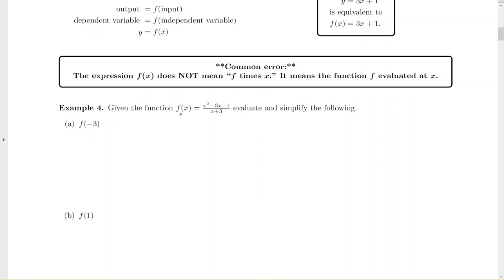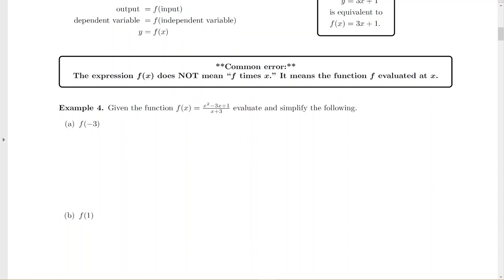So here we're given a function, f of x equals, and we're given some rational function. Evaluate and simplify the following. Evaluate means we're going to be plugging in the number here for every x. And then simplify means get rid of parentheses, combine like terms.